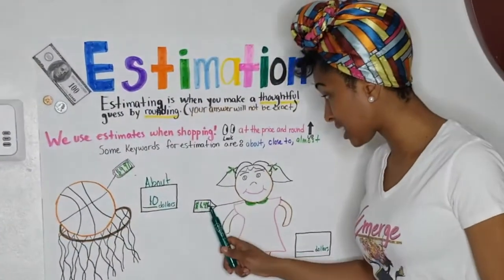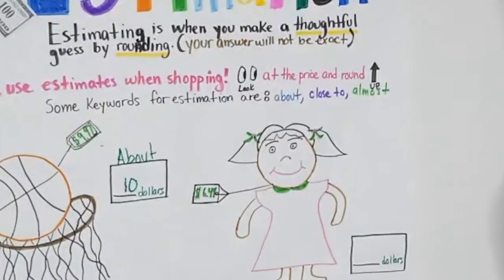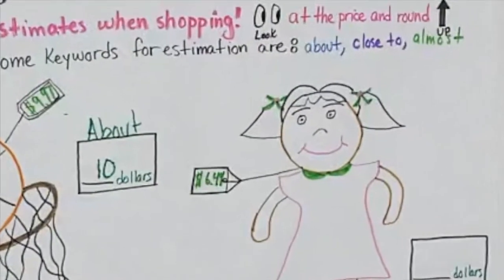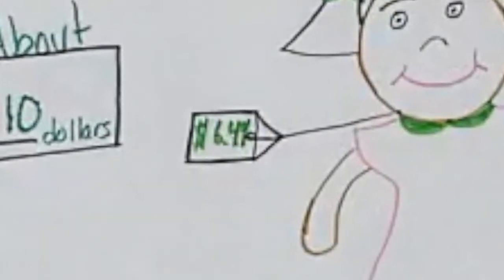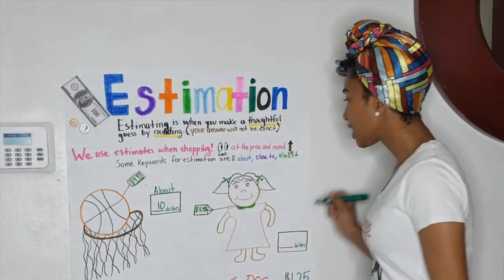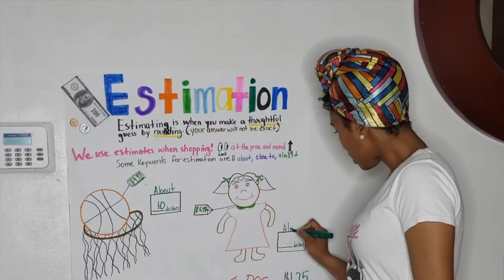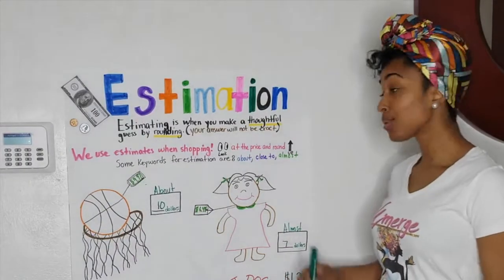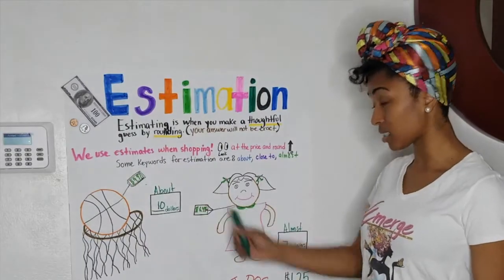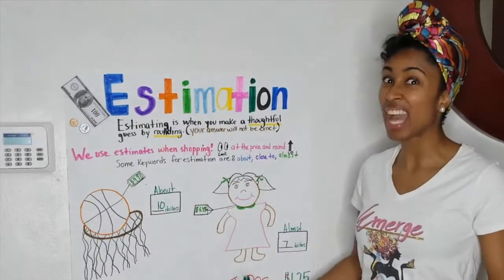Now, I see $6.44. If I round it up to the nearest dollar, about how many dollars does Chloe need? Go up, up, up. The next dollar would be $7. Chloe would need almost $7. Okay? She would almost need $7 to pay for this if I am estimating how many dollars I need.